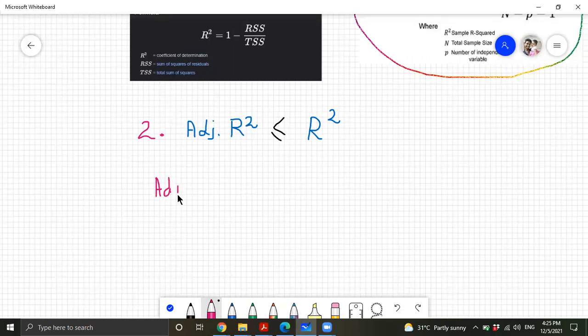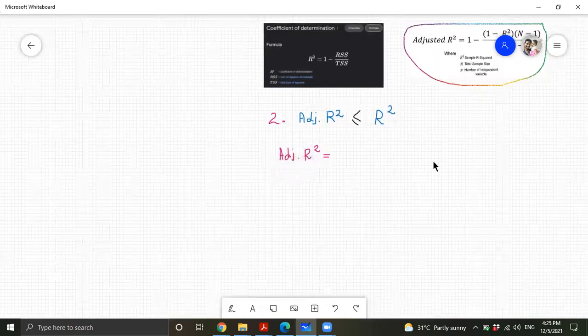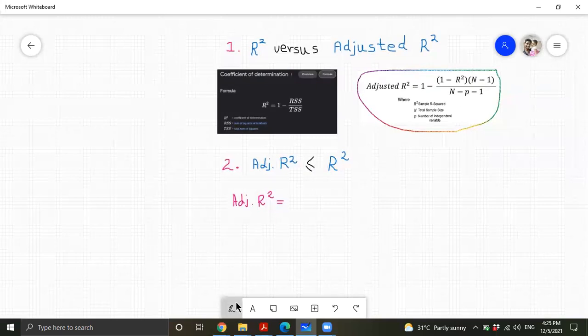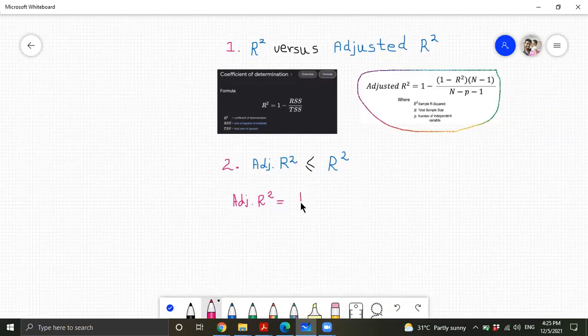Adjusted R squared. For the sake of easiness, I put ADJ only, but it's adjusted R squared, guys. So that's basically going to equal this equation, right? So I write 1 minus (1 minus R squared).